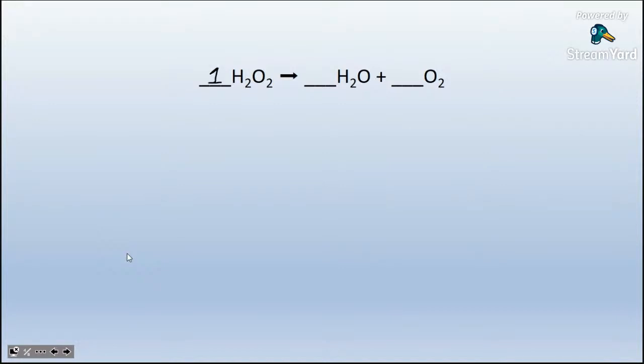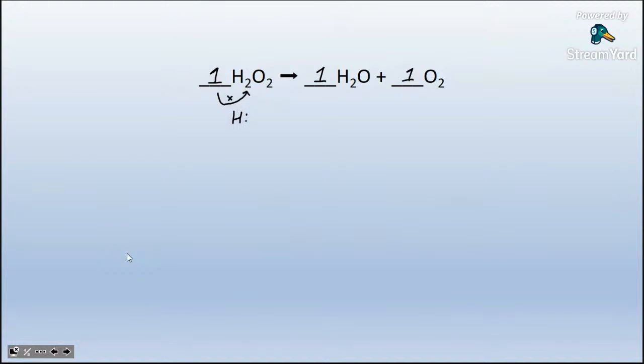And when I look at the blanks, it's understood that each blank has a 1 in it. We just don't write 1s. And what we're doing is the coefficient times the subscript. For some reason, my pen is not wanting to write, so bear with me. There we are. So coefficient times the subscript.